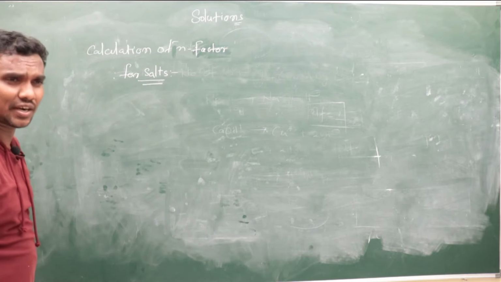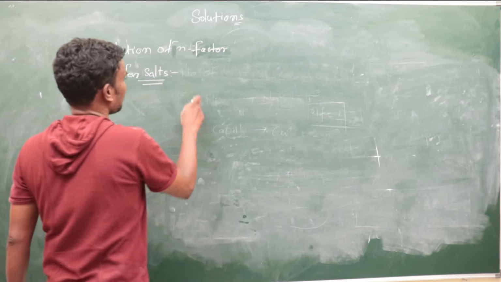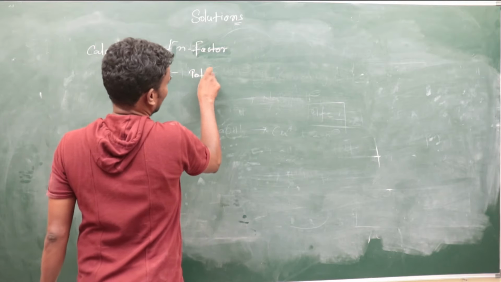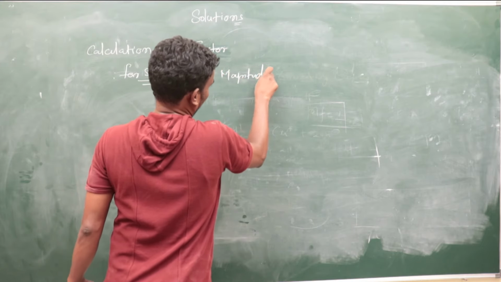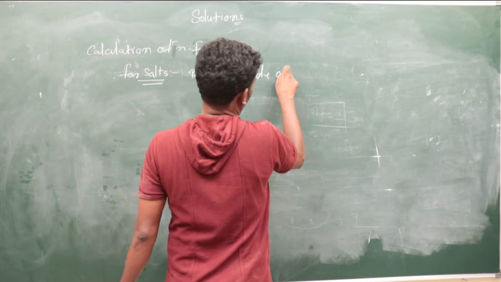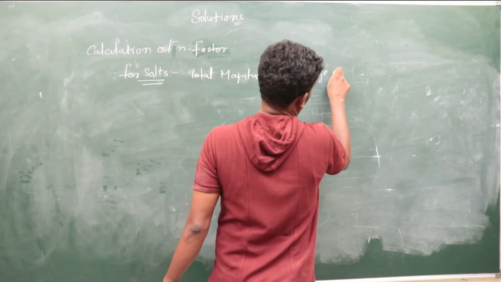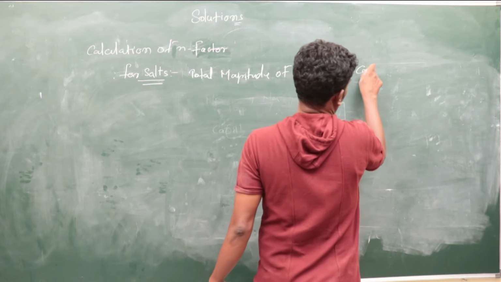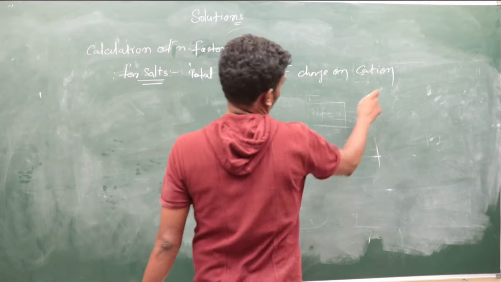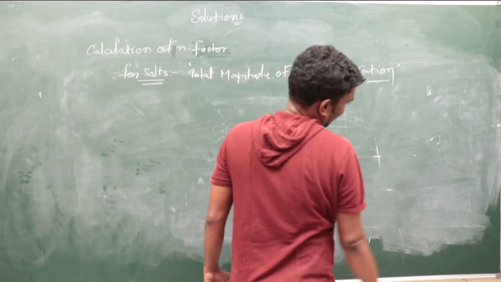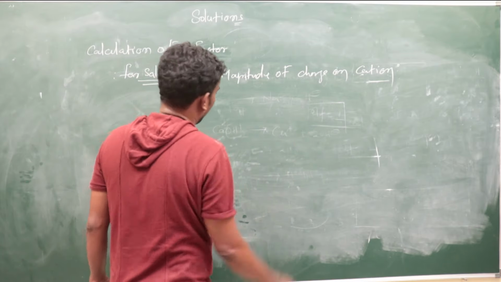Salts have a cation and an anion present. The n factor is the total magnitude of charge on the cation. Cation means a positively charged ion. Total magnitude of charge on the cation.